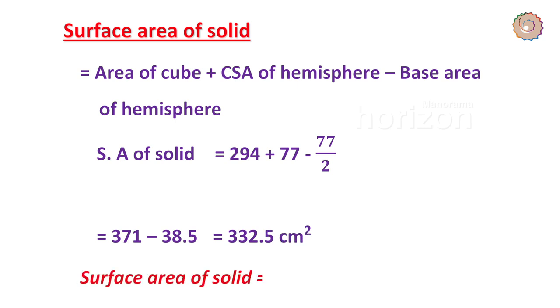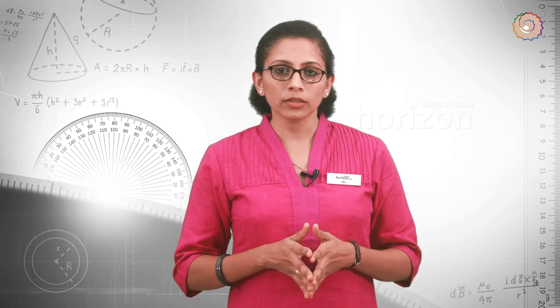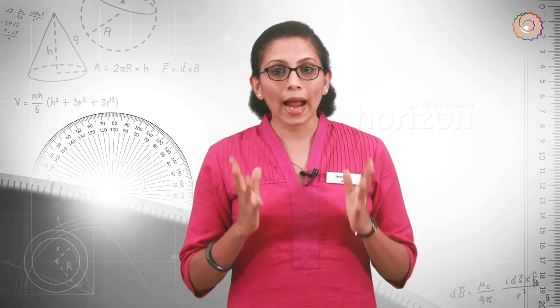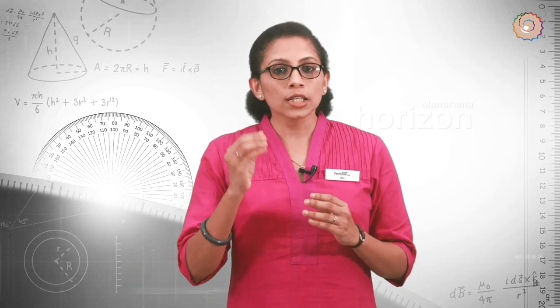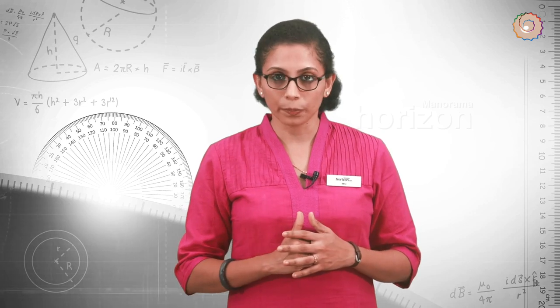Hence the surface area of the solid is calculated and we got the answer as 332.5 cm square. It may be noted that in calculating the surface area, we have not added the surface areas of the two constituents because some part of the surface area disappeared in the process of joining them.